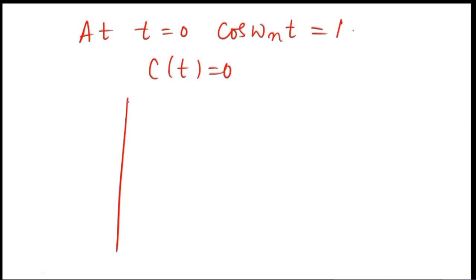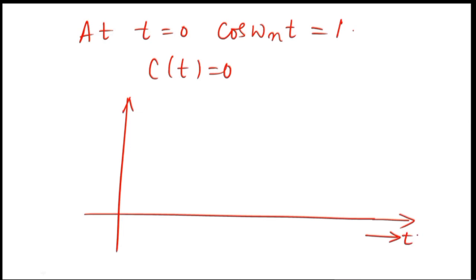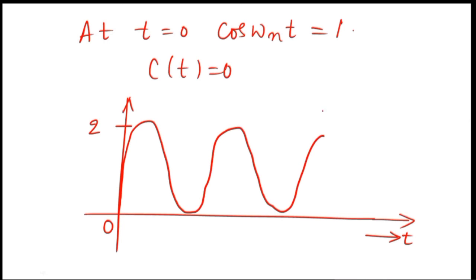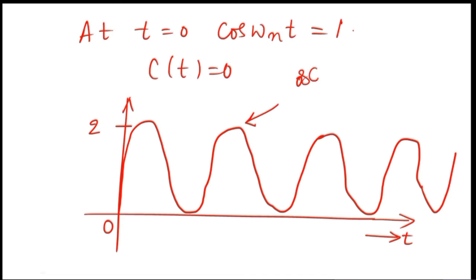It is a cosine wave that starts at t equal to 0 and will have a peak amplitude of 2, and the system will have a response like this. This is called oscillatory response.